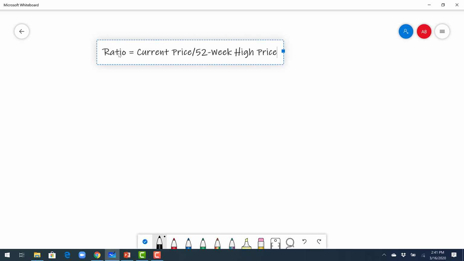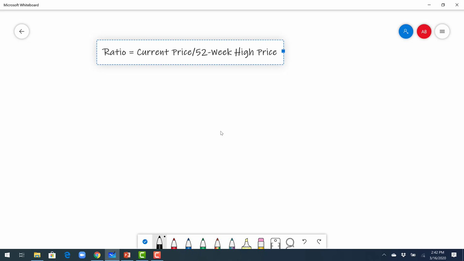The maximum possible value of this ratio is 1. If the current price of the stock is actually the 52-week high price, then the ratio would be 1. And what we are saying is that we want to buy the stocks that have high value of this ratio, and we want to short the stocks that have low values of this ratio. So basically we are taking long positions in stocks that are trading at or close to their 52-week high prices, right? And historically that strategy seems to have performed quite well, right?